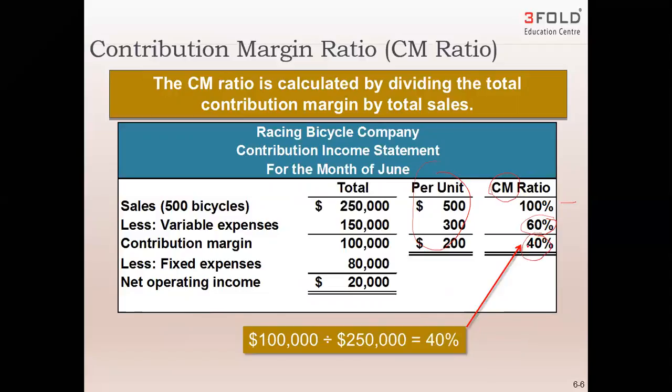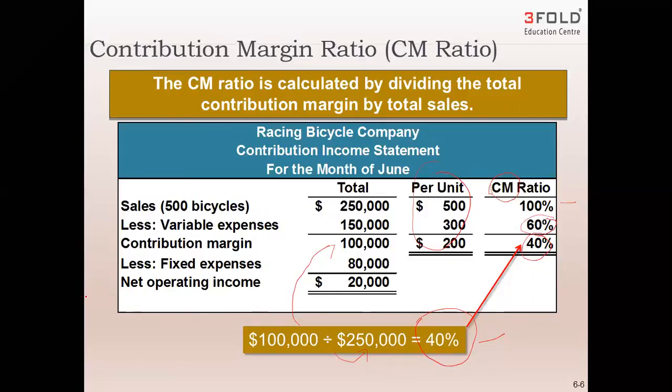And this can be calculated by looking at the total figures as well, which is $100,000 divided by $250,000 in sales, giving you a 40% CM ratio, which is the contribution margin ratio. In other words, for every $1 of sales, you would be making 40 cents of profit.